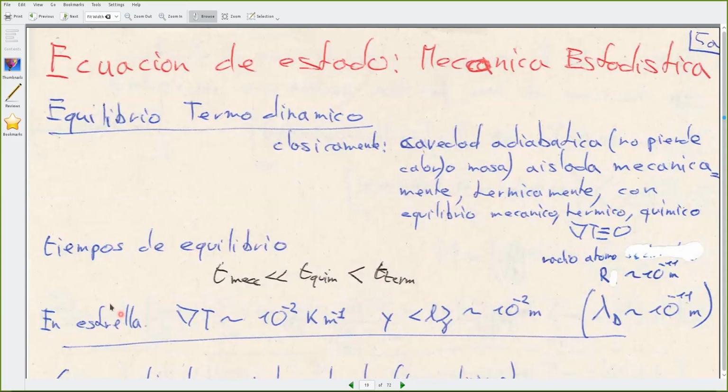As I said before, in stars the typical gradient can be like 10 to the minus 2 Kelvin per meter. You need 100 meters to change 1 Kelvin, and the mean free path of the photon is about a centimeter. So a photon essentially sees a constant temperature.